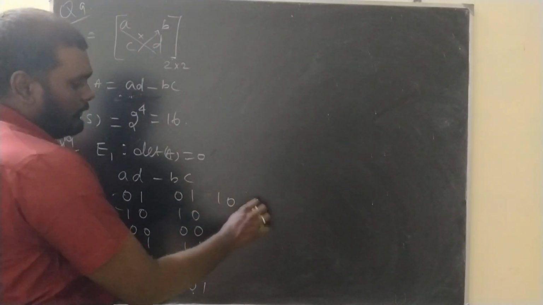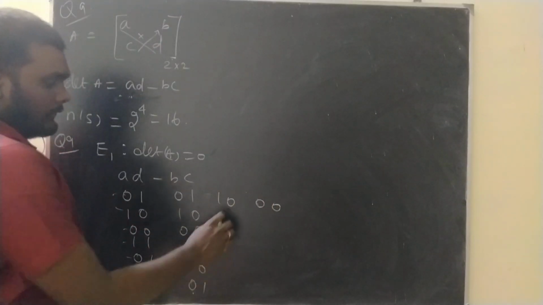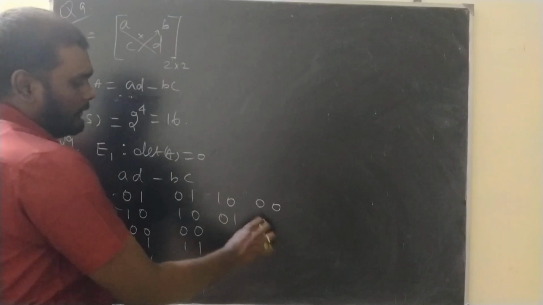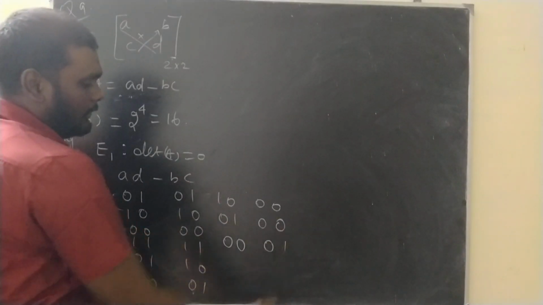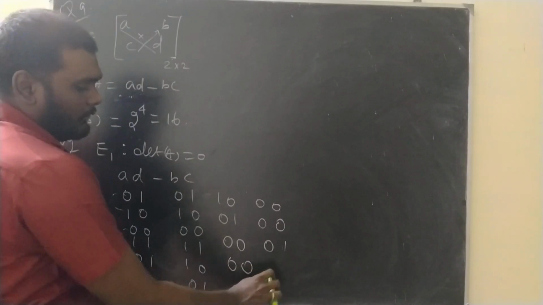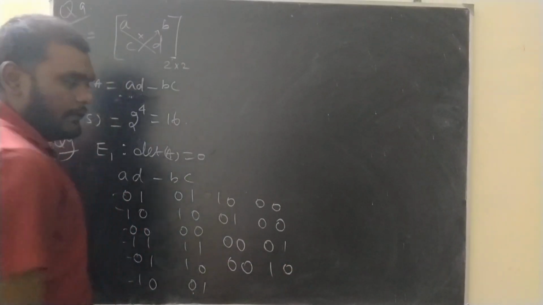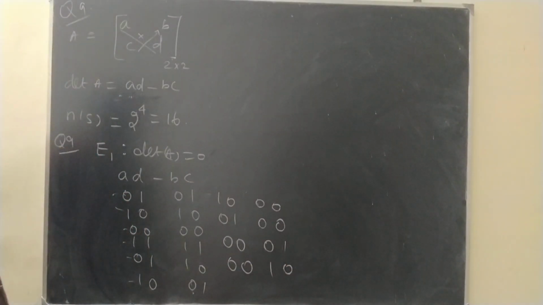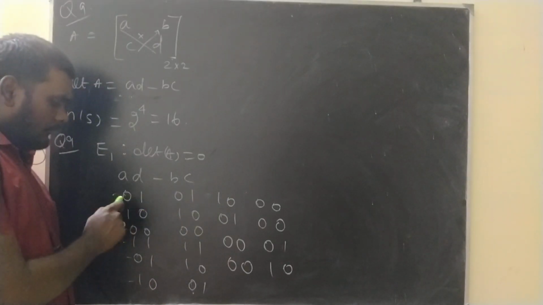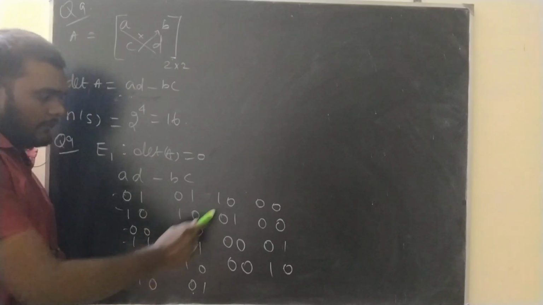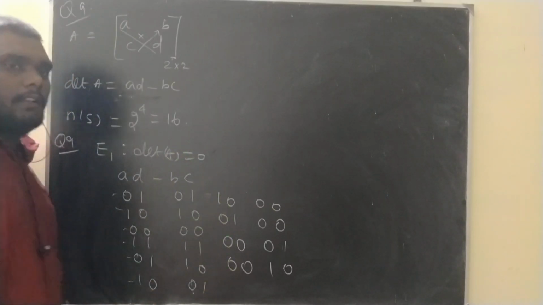Like this is 1, 0, these both are 0. This is 0, 1, these both will be 0. These two will become 0, this is 0, 1. These two will become 0, this is 1, 0. So totally how many possibilities? Other than this, nothing will come. 1, 2, 3, 4, 5, 6, 7, 8, 9, 10 possibilities are there.